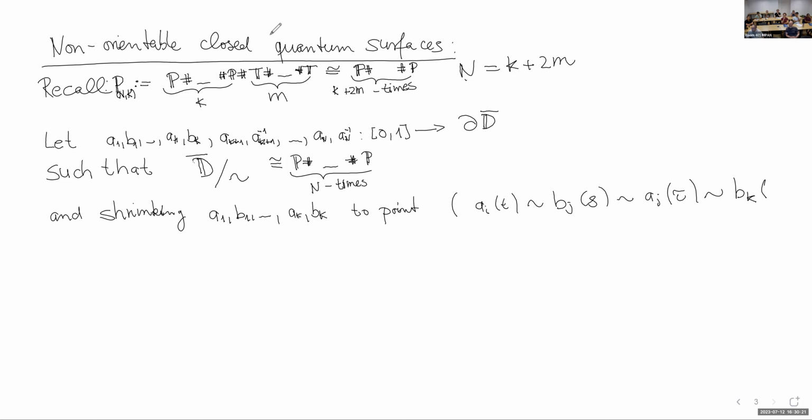All these get identified to a point. We get exactly the connected sum of Tori.